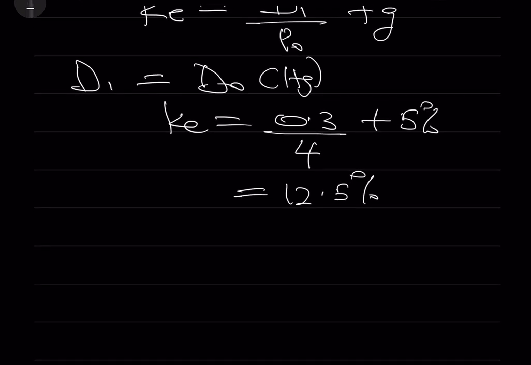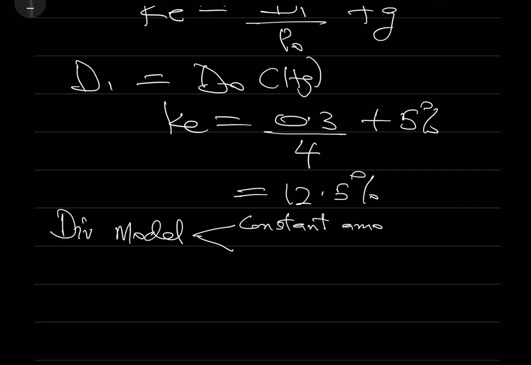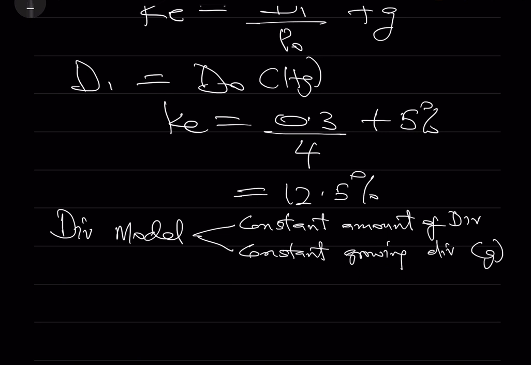So now you know that for the dividend model, for cost of equity, you can either be given a constant amount of dividend, which you use the perpetuity formula for, or you can be given a constant growing dividend, which means they will give you G and D naught.